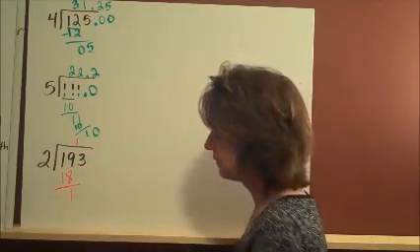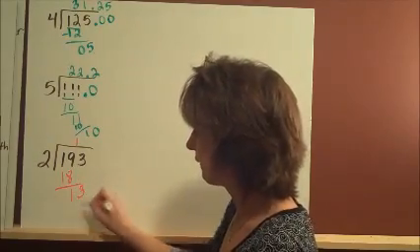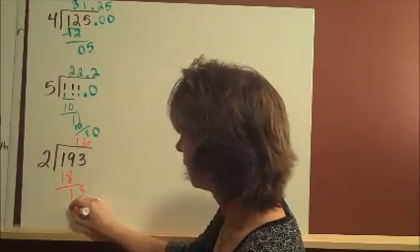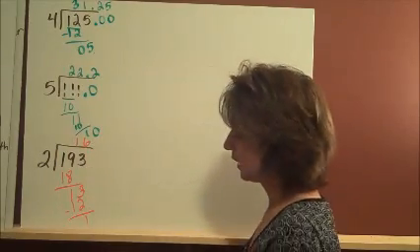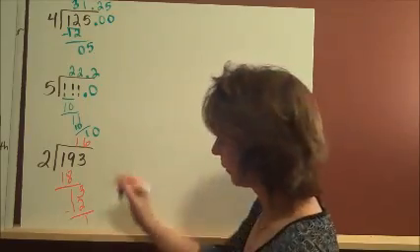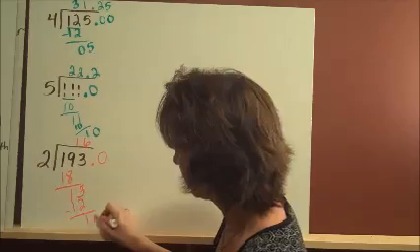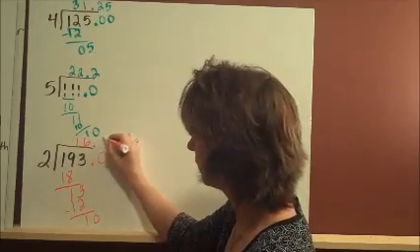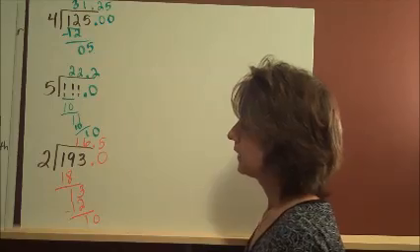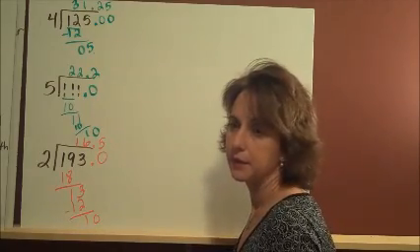Trade that ten for 10 ones, and have 13 ones. I have 1 left over, which means that I'm going to trade it for tenths, and 10 tenths means everyone gets 5 tenths.